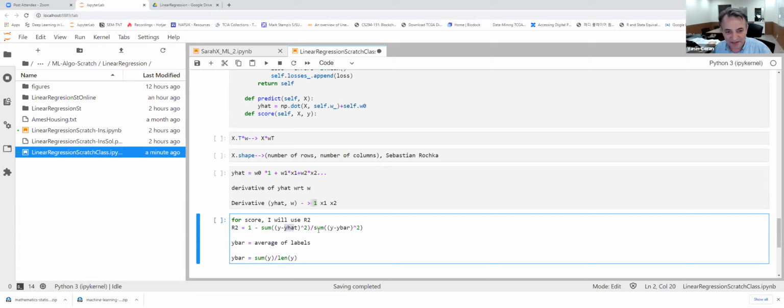If your prediction is the average price, y minus y bar divided by y minus y bar will be 1, and 1 minus 1 will be 0. Then your R squared will be 0. That means if your prediction is the average house price, your R squared is 0. If your R squared is negative, then your prediction is even worse than the average price.